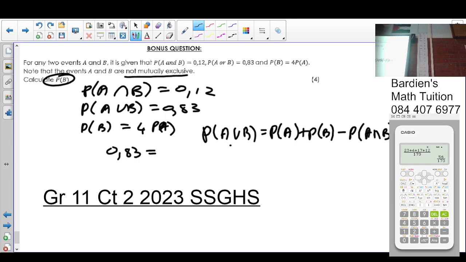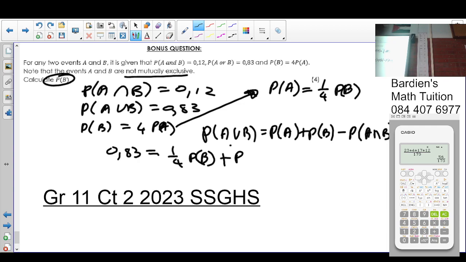Remember they wanted to calculate B. So I'm going to keep B and change A. So the probability of A is equal to 1/4 the probability of B. So the probability of A union B is 1/4 probability of B plus the probability of B minus the probability of the intersection of A and B, 0.12.